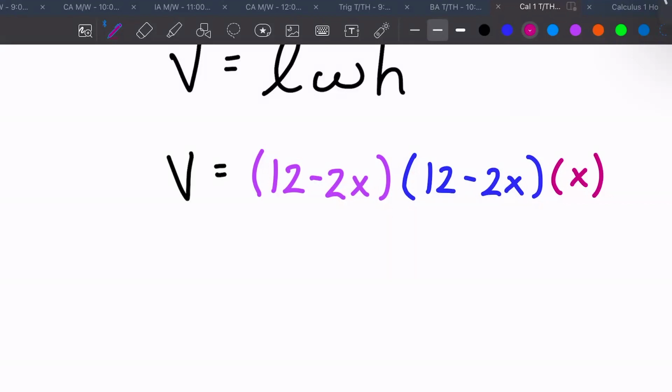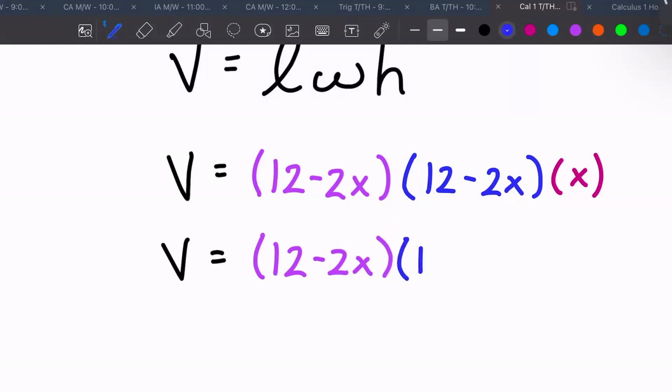Sorry. All right, so now let's clean this up. That can be cleaned up a lot. I'm going to distribute that x to the blue to clean it up. I'm not going to touch this 12 minus 2x, but I'm going to make this 12x minus 2x squared. Like that. Now I'm going to FOIL that.